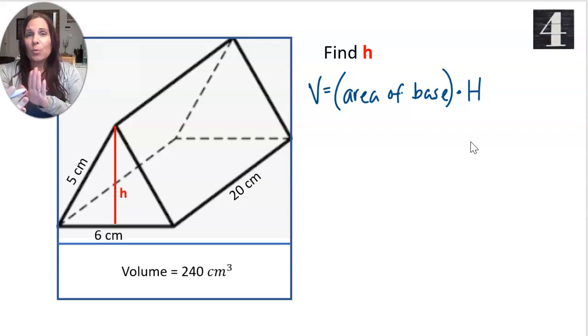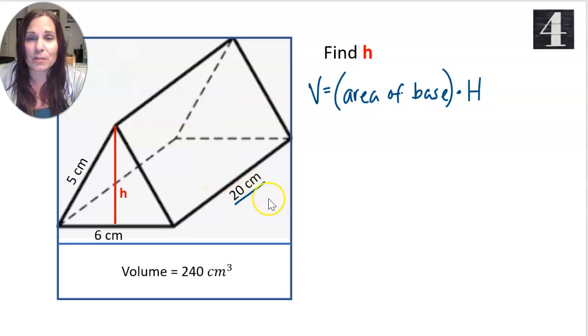Right? So we know we've identified the triangles are the bases. How far apart are the triangles from each other? That's your height. So in this drawing, the triangles, the bases, are 20 centimeters apart. That's the height of the prism.